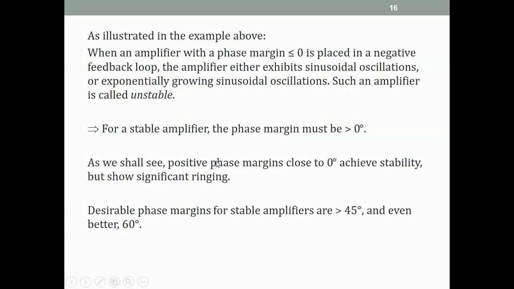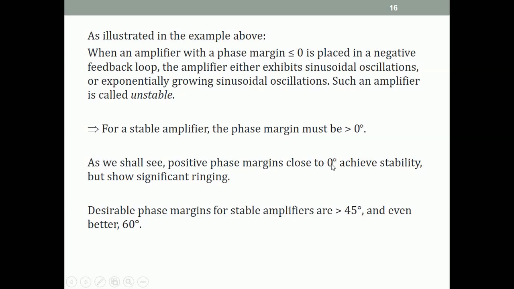Phase margins positive but close to zero are not desirable. Although the amplifiers are stable, first of all they show significant ringing, but the other is that let us say you design an amplifier with a phase margin of 5 degrees. Now what will happen is every process, temperature, everything will vary, and as everything varies, because of the variation in gain, GBW, this, that and the other, the phase margin may go negative.